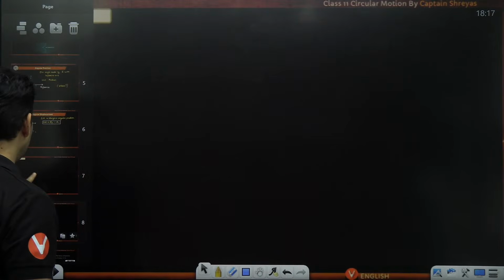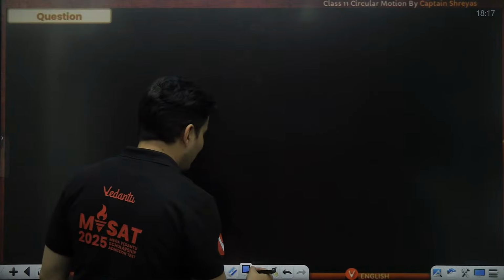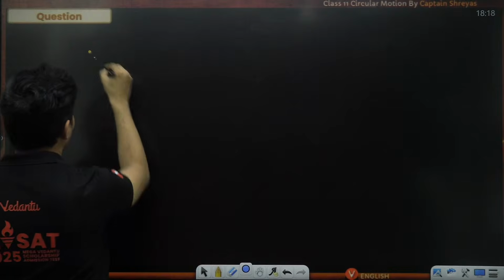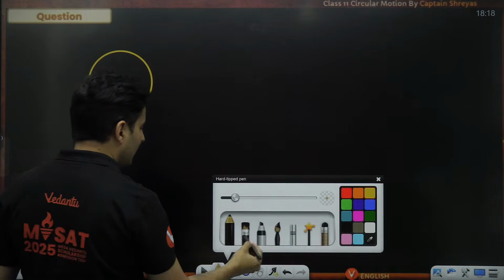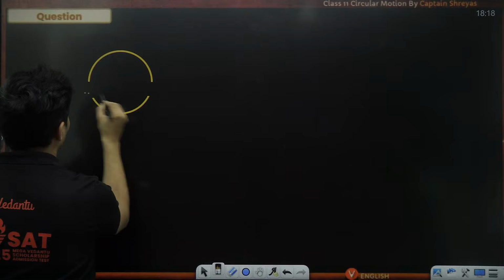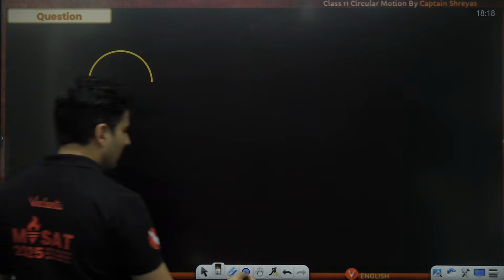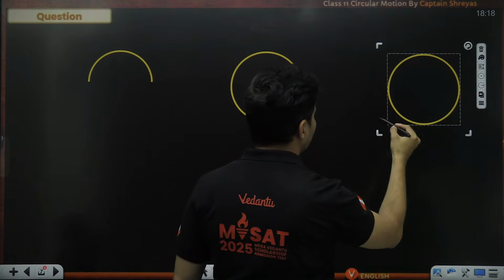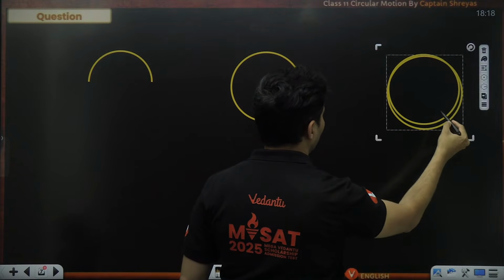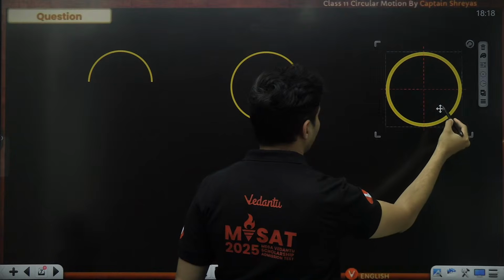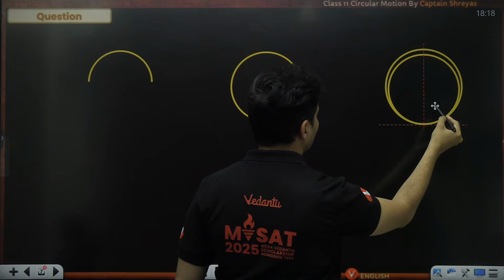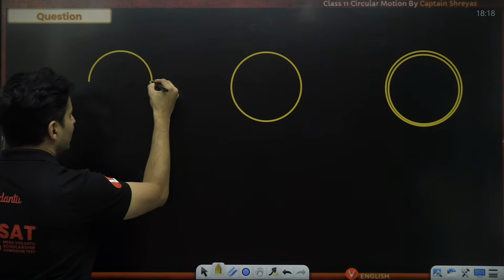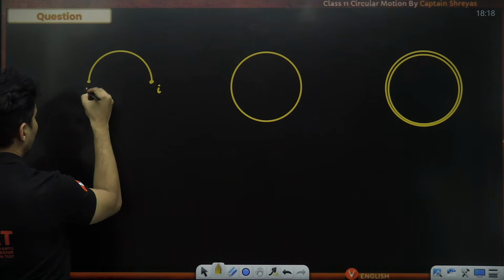So I have a very interesting question, and let's see how many of you get it right. There is a particle which has gone from here to here. Then there is a particle which has completed a circle. There is a particle which has just completed 2 rounds. Just observe. I was here initially, now I am here finally.